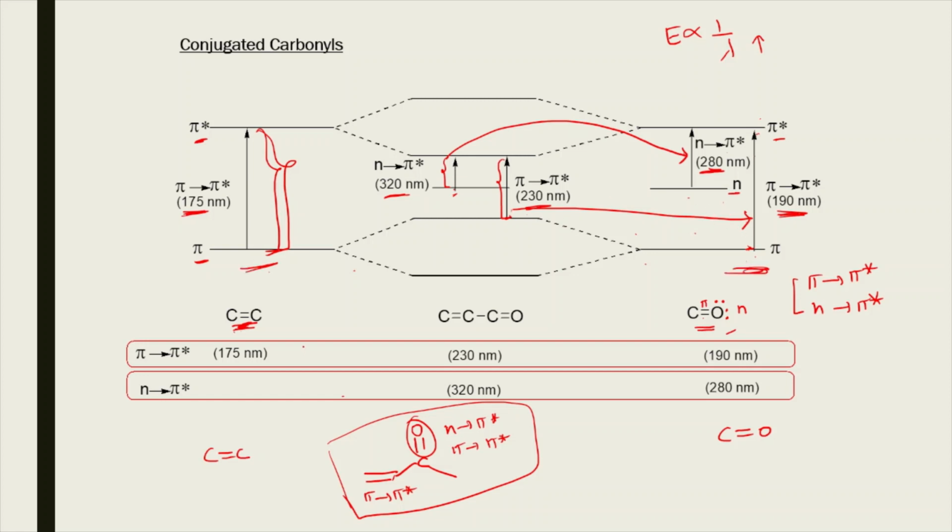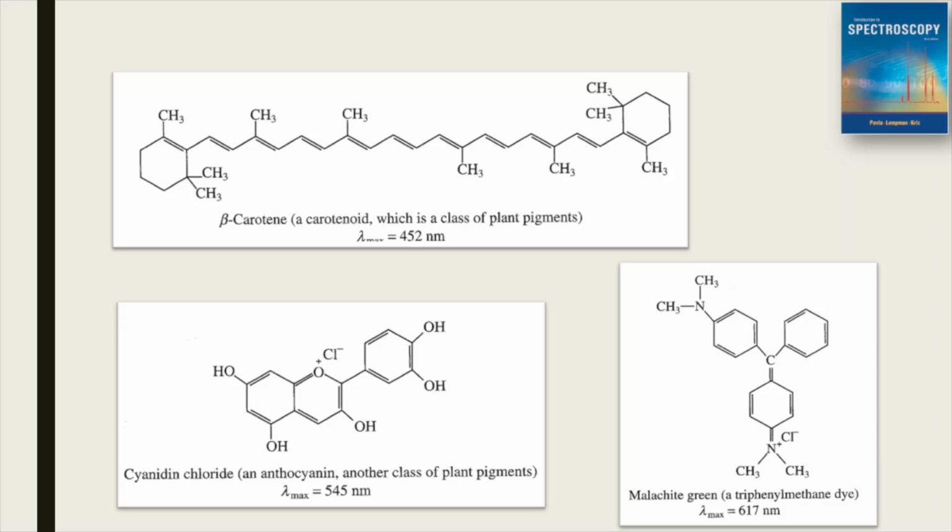From these two examples, conjugated carbonyls and the conjugated alkene system, we can conclude that the more the conjugation, the more the lambda max. So ultimately, in some molecules the lambda max falls into the visible region.